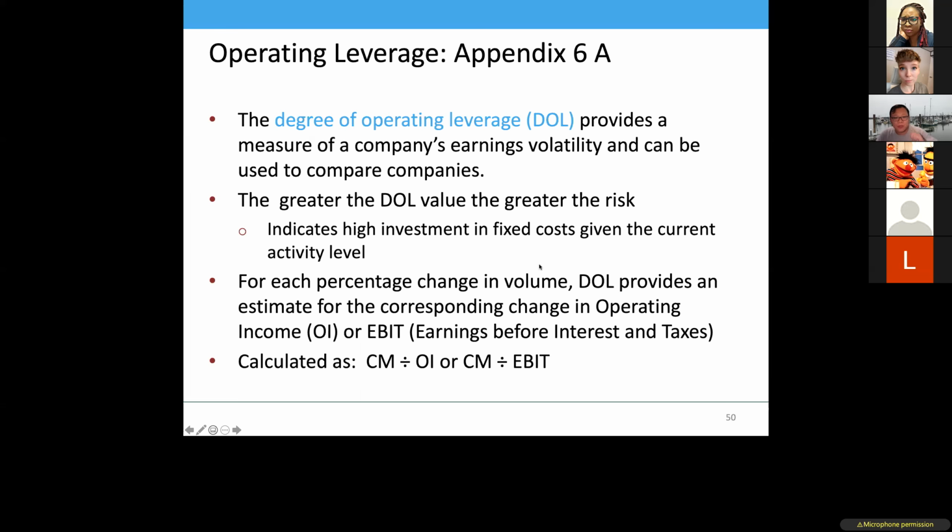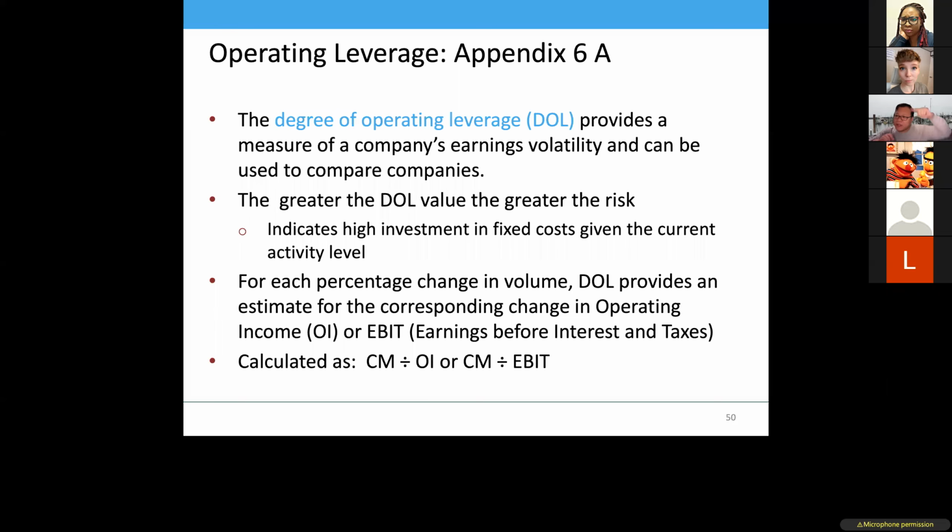Okay, good. So basically the degree of operating leverage, DOL, is really about the volatility of the company's earnings. So what does that mean?